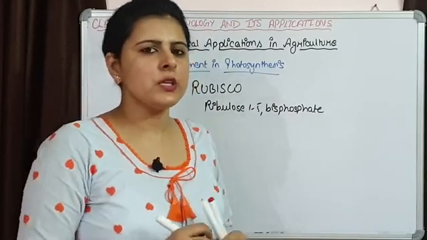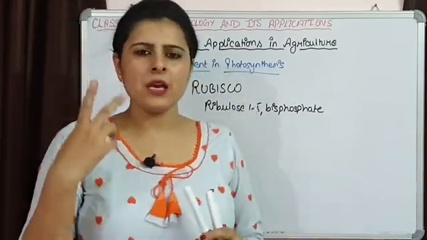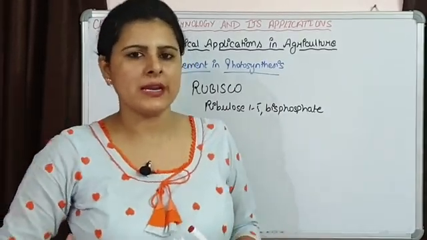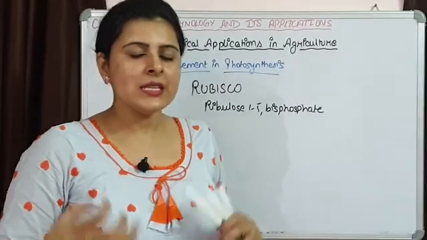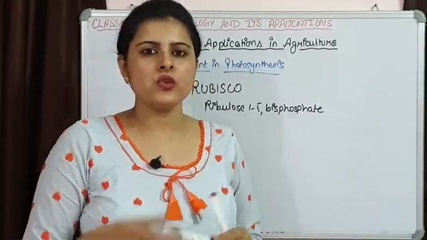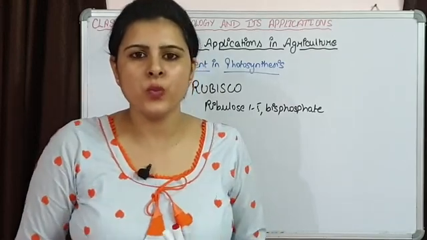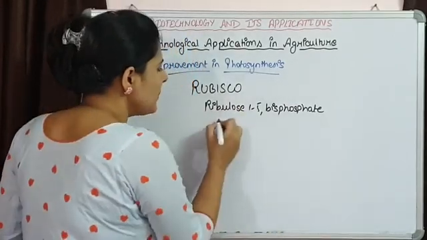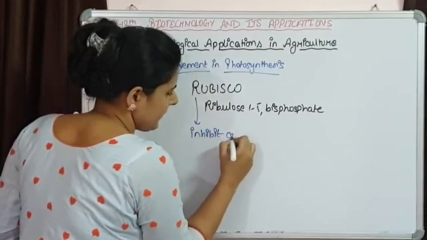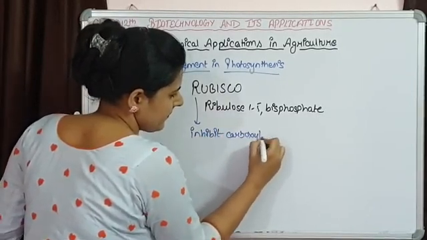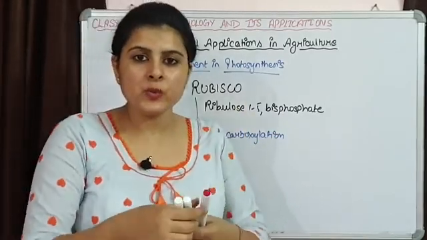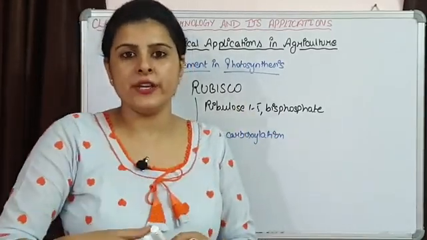And we know one more thing about this rubisco, that it has both abilities, oxygenase activity and carboxylase activity. In some conditions, like during extreme light conditions or when oxygen concentration is more, this rubisco is going to inhibit carboxylation. Carboxylation will be inhibited and ribulose bisphosphate is going to be oxygenated.